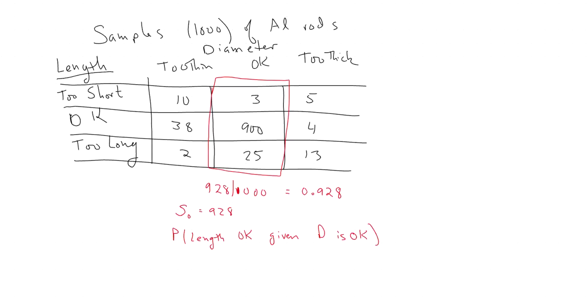So now in our new sample space, we're just going to divide this length okay, so that's going to be 900 divided by our new sample space, 928. Hopefully that makes sense. And we'll calculate that new probability, which is 0.97.